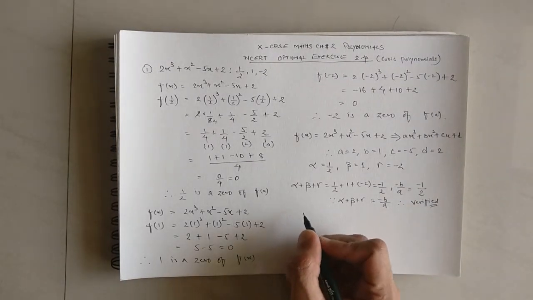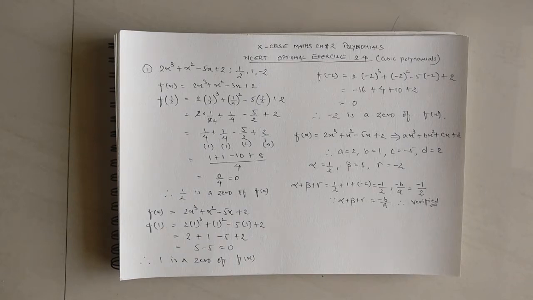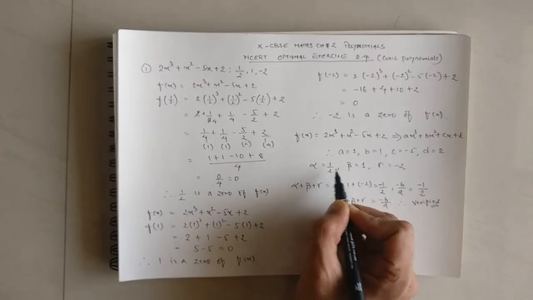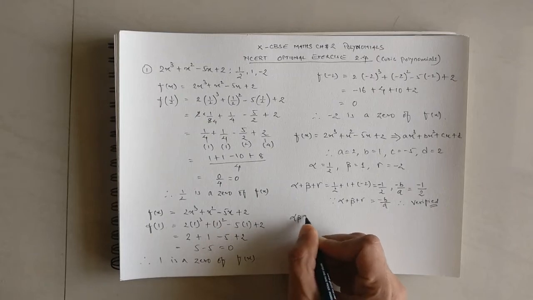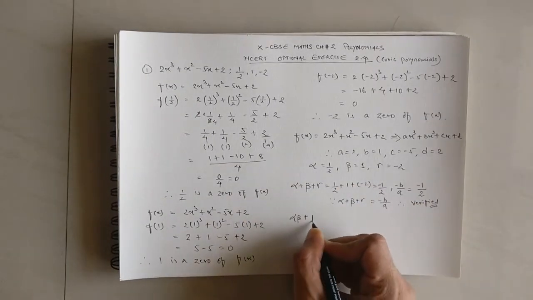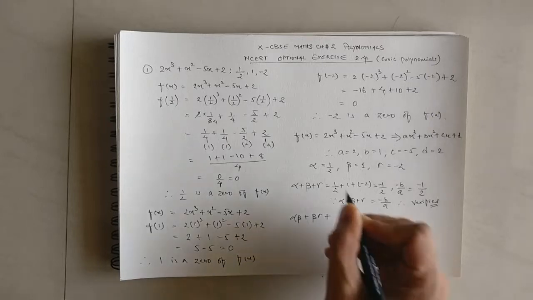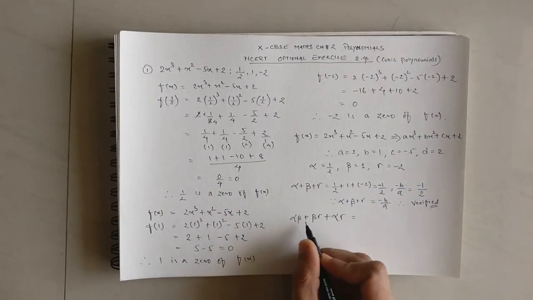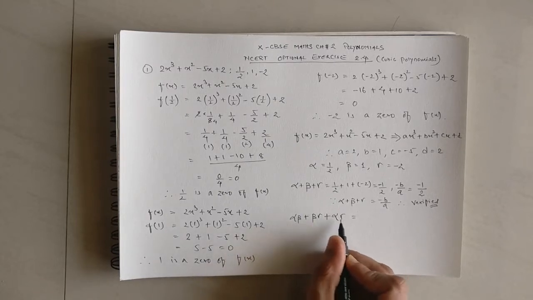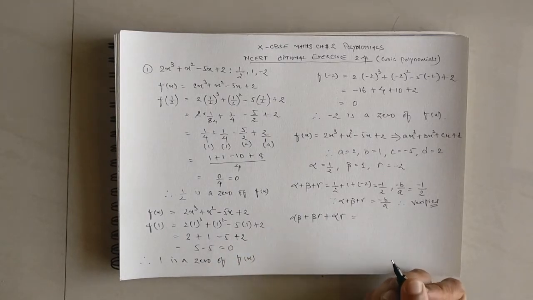Second is the sum of the product of the zeros taken 2 at a time. There are 3 zeros, and you have to find the sum of the product of the zeros taken 2 at a time. So first we take 2 zeros and find their product: alpha beta, then beta gamma, plus alpha gamma.